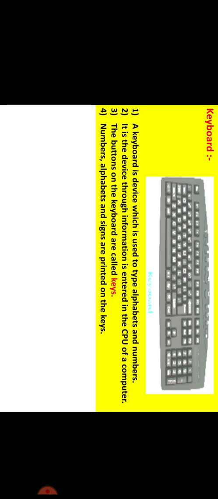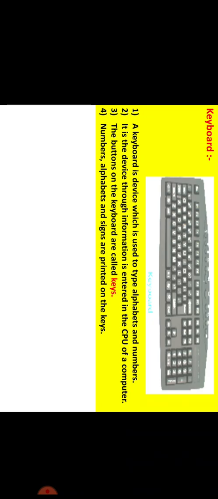Information means what? Our name, our address, our phone number, our pictures, our music. All this information we can enter in the CPU with the help of keyboard.